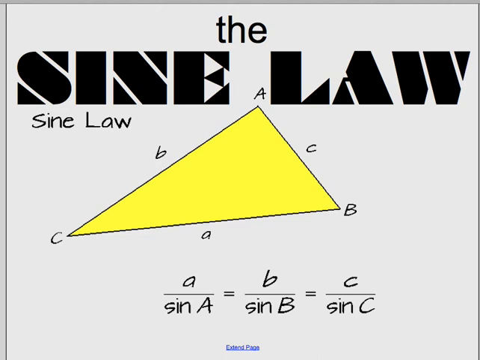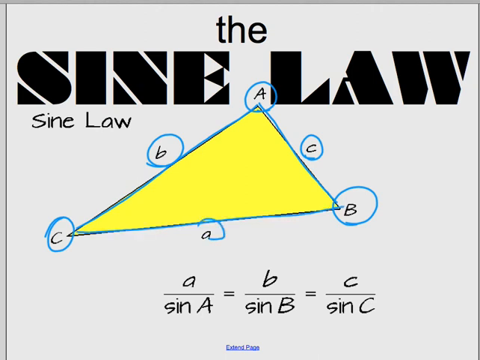Now there's one little thing we have to do before we go too far, which is how to label a triangle. Triangles are labeled in two ways: capital letters signify angles, and lowercase letters, or baby letters, indicate the length of a side. Side C, side B, and side A are all marked with lowercase letters.